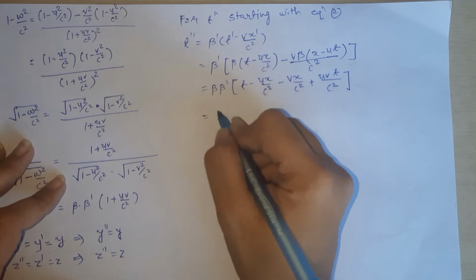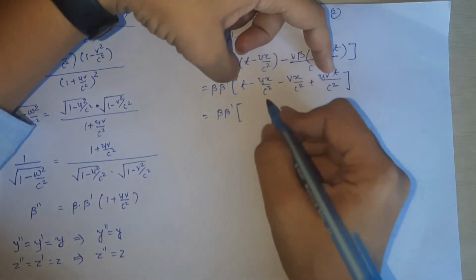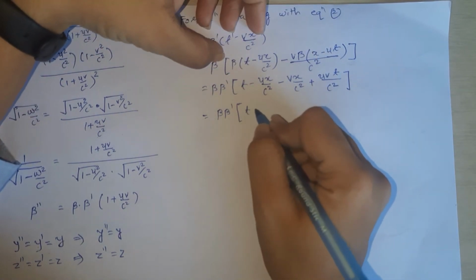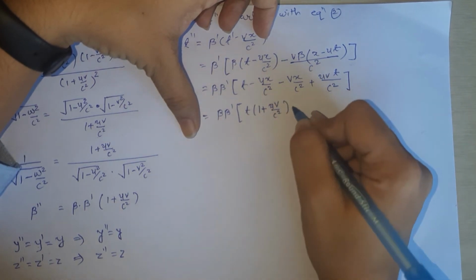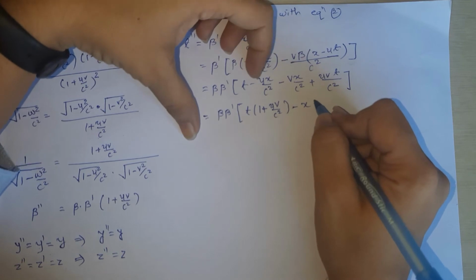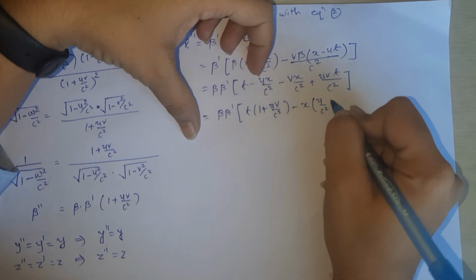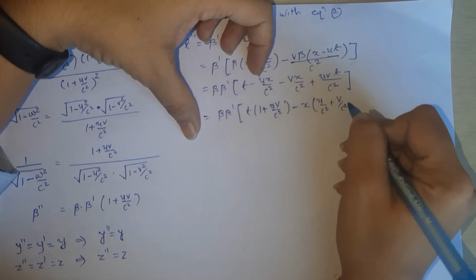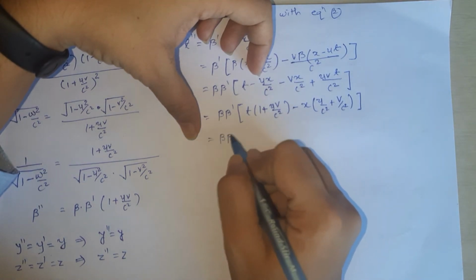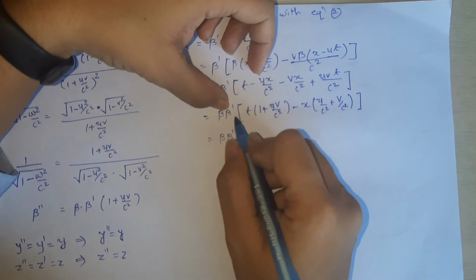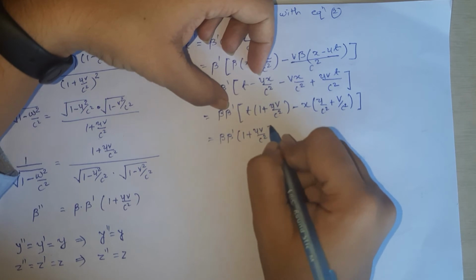So what we get here? Beta into beta dash, and taking t common from both these steps, we get t into 1 plus uv upon c square minus x into u upon c square plus v upon c square. Now we will divide both these steps with 1 plus uv upon c square.